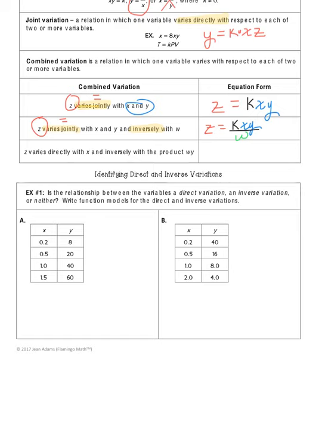So the parts of this that are important is that v varies directly. Well, varies directly we actually haven't talked about yet, but I know that my equal sign is going to go right here, and z is going to go to the left of it. So z equals, I do know that my constant of variation is going to go on the other side, and it says varies directly.